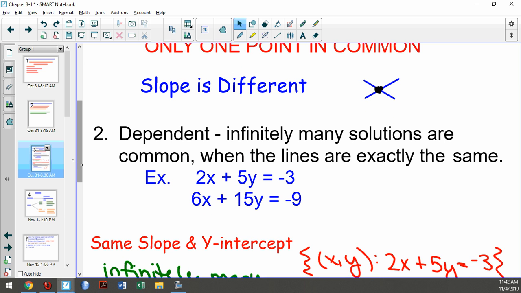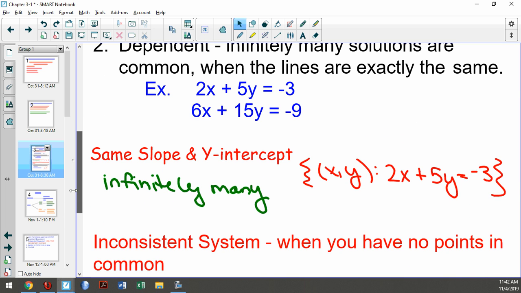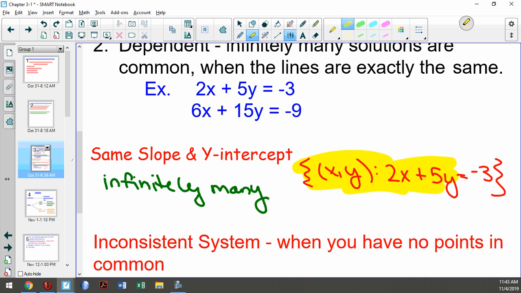Now, how do I write that you have infinitely many points of intersection? Please circle this, highlight it, do whatever you have to do. I am super picky about this, and I will mark it wrong on the test if you say infinitely many and you don't tell me what the actual intersection point is. The physical intersection point is going to be braces, meaning it's the set.